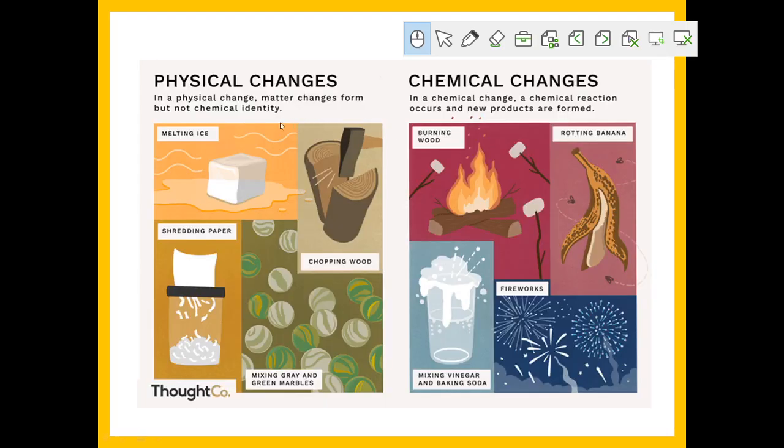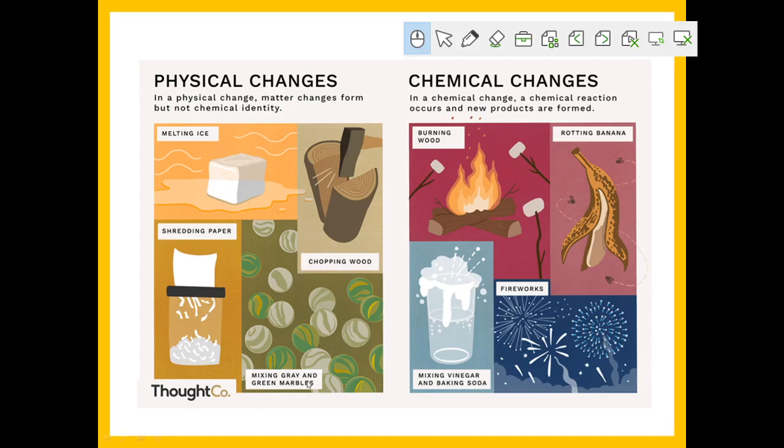Physical change like melting ice. When the ice becomes water. Here, shredding paper: when we have a piece of paper, this paper changes its size and its shape by the paper shredder, this machine.